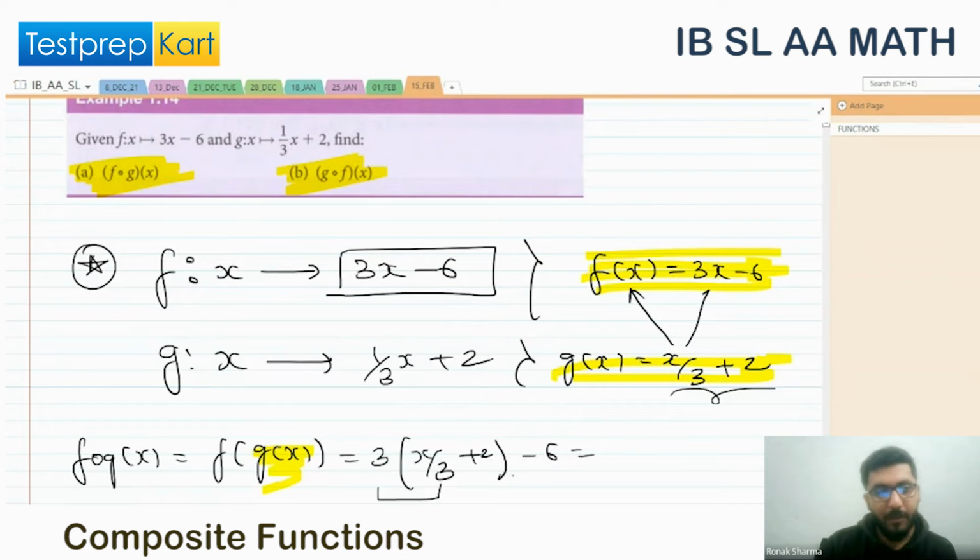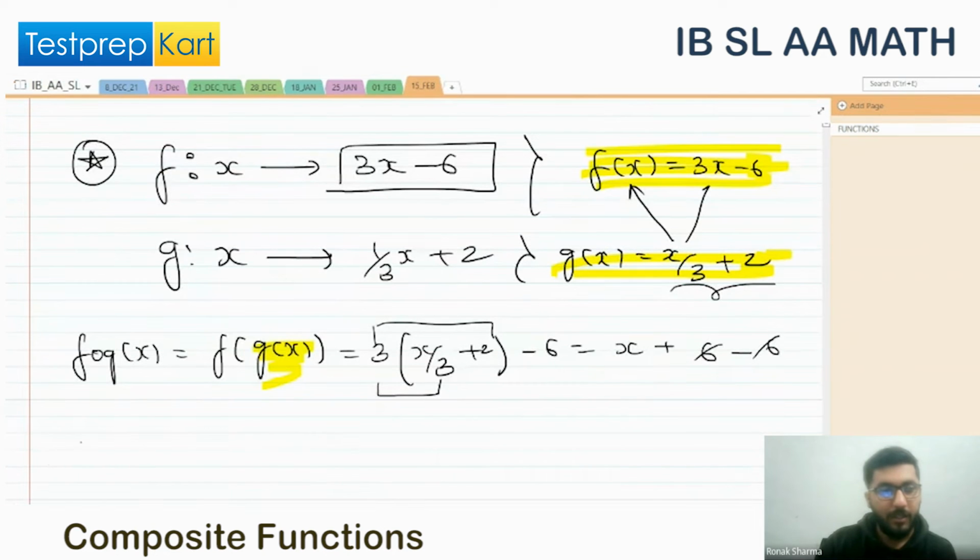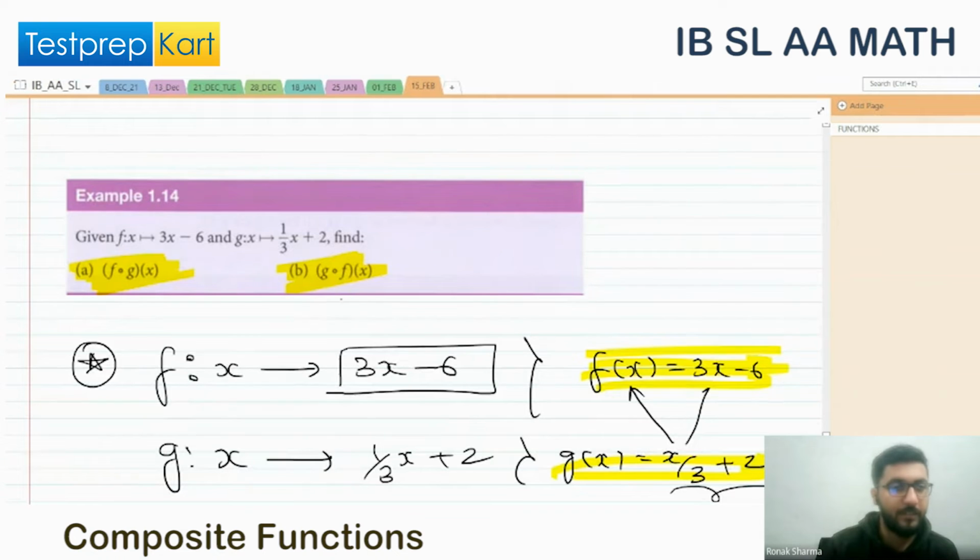If I multiply, 3 cancels, so x plus 3 into 2 is 6, and minus 6. So 6 cancels. We are directly getting f of g of x to be x. Got it?